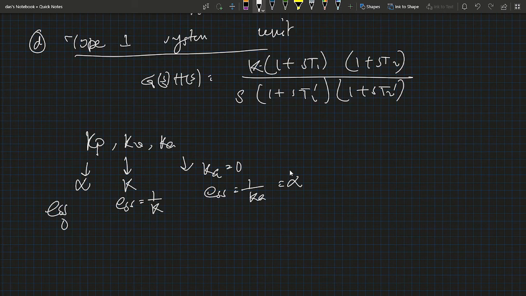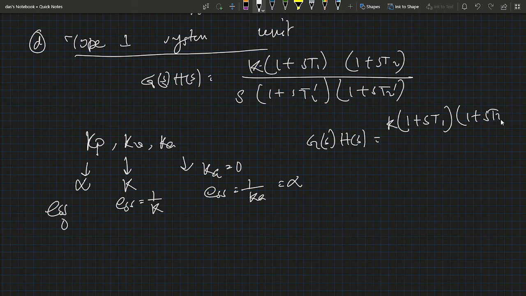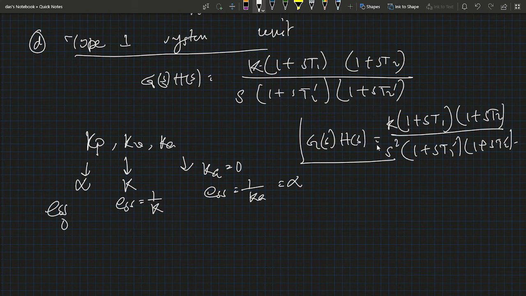Please do it yourself. Similarly for the type 2 system, the change in the transfer function is G(s)H(s) equal to K(1 + sT1)(1 + sT2) divided by s squared (1 + sT1')(1 + sT2'), and so on. Here s squared is present because there are two poles at the origin in a type 2 system. The same calculation: first Kp, then ess, then Kv and ess, then Ka, and evaluate the ess.